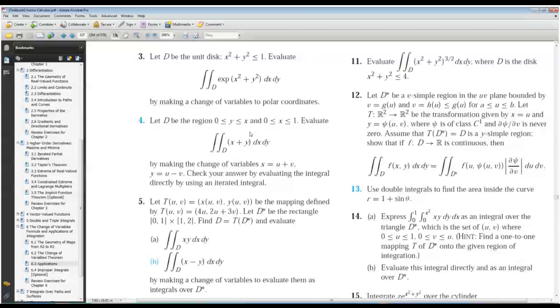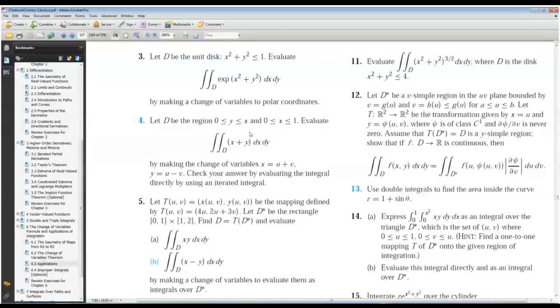The bounds are basically the inverse functions of u in terms of x, y and v in terms of x, y. So you have the D region, right? Your D region is x goes from 0 to 1 and y goes from 0 to x.